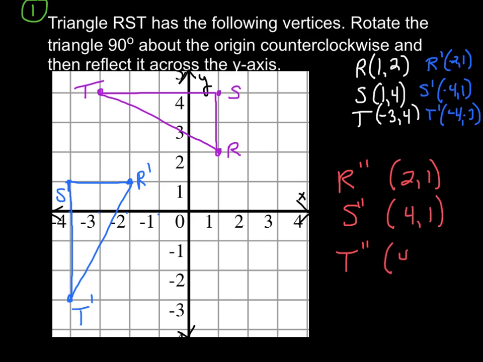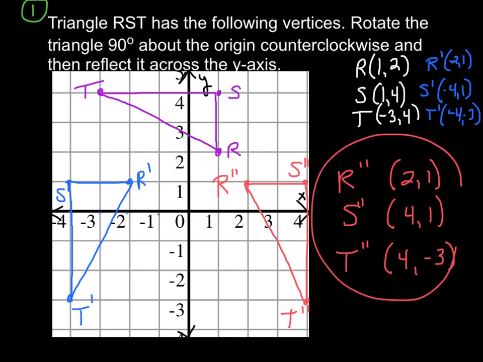And T double prime becomes 4, negative 3. So that would give me 2, 1, 4, 1, and 4, negative 3. That becomes R double prime, S double prime, and T double prime. So my final ordered pairs would be 2, 1, 4, 1, and 4, negative 3.